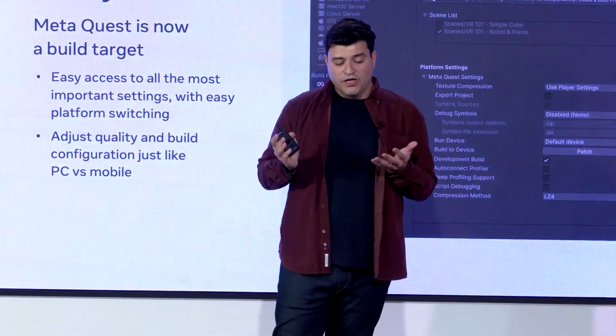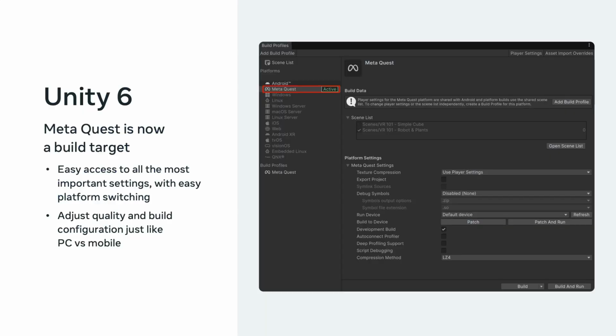Also, this year saw a big release from our partners in Unity, Unity 6. I know that many studios are using Unity 6 now to start new projects. I think it's in a fairly stable state. And I want to highlight the improvements for Meta Quest developers. We saw the introduction of a build target for Meta Quest.